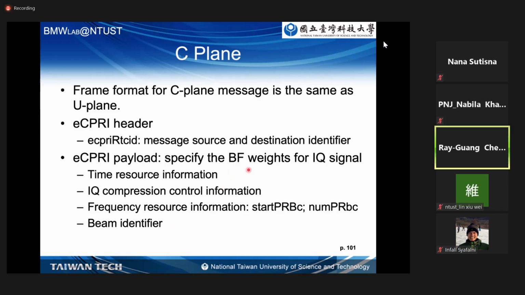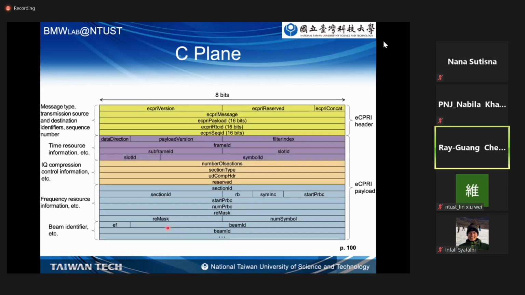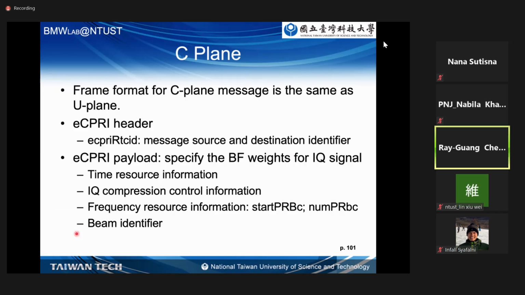The beamforming weight is related to the beam. So they show you the time information, IQ compression information, the frequency resource related information. The last part is the beam identifier.